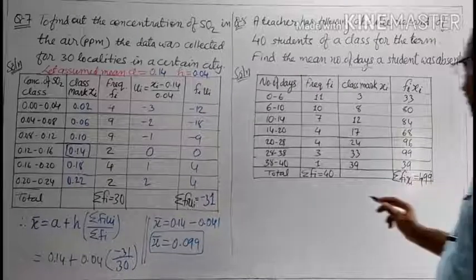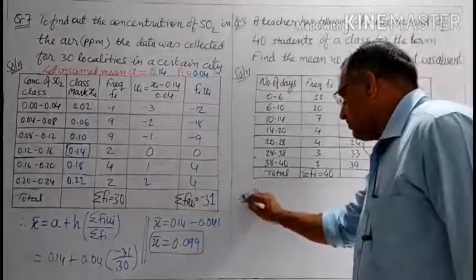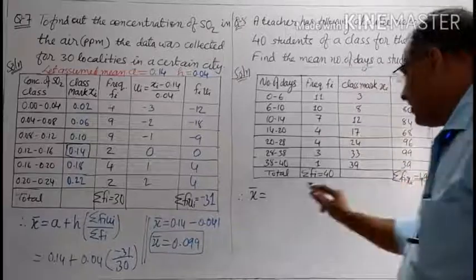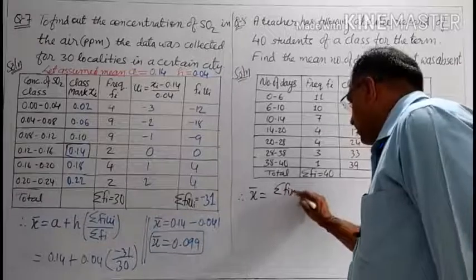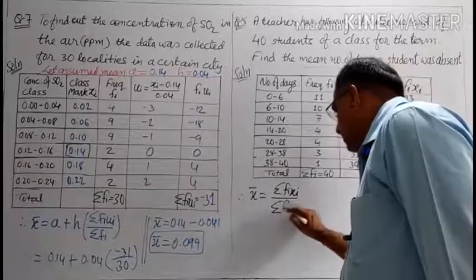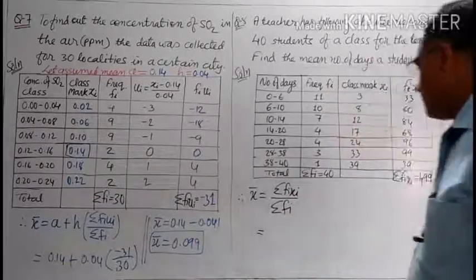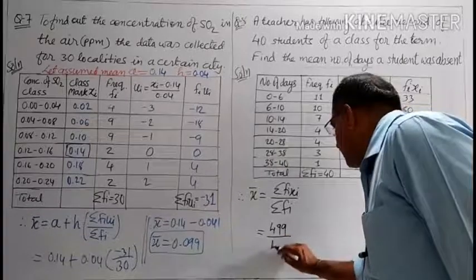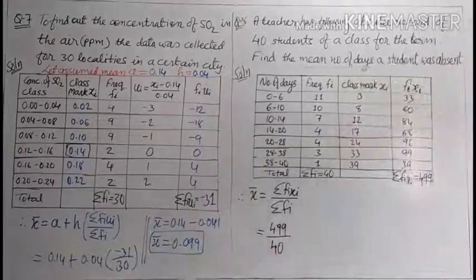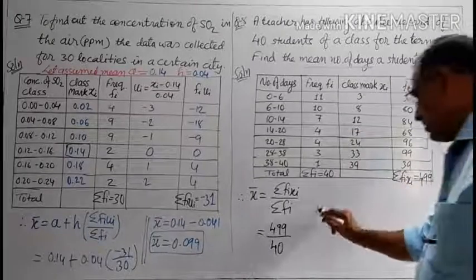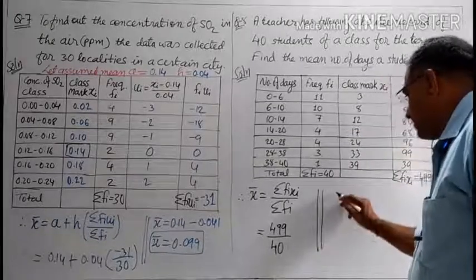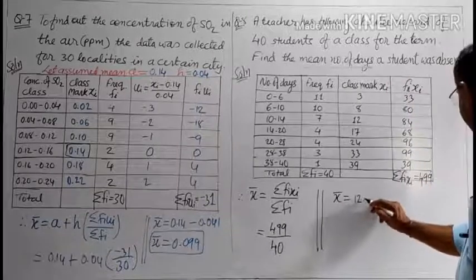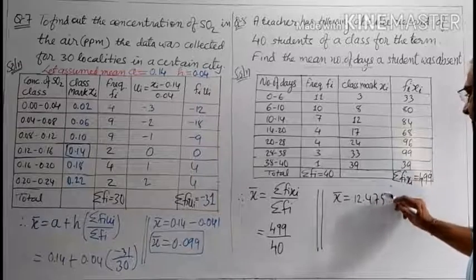Okay, so now we have to find the mean. Therefore the mean is equal to, by the direct method, sigma fi xi divided by sigma fi. The sum of the products is 499, divided by 40, the sum of frequency. On calculation, dividing this, we will get 12.475.